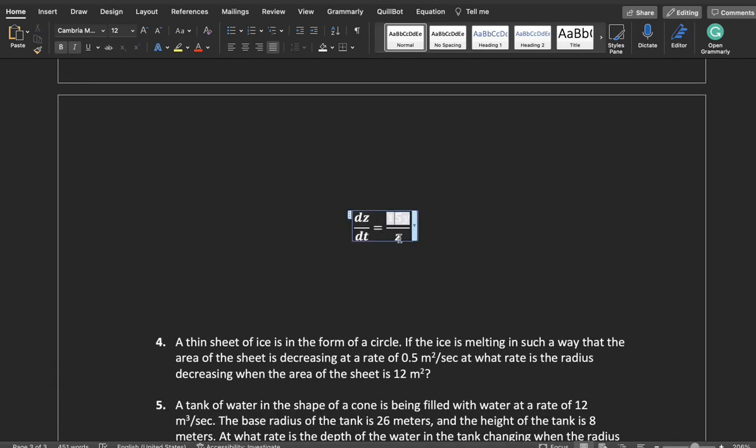And then you can just substitute it into this, right? And get the value of dz dt, okay? So that is a pretty straightforward question. Now, that is the end for question 3.